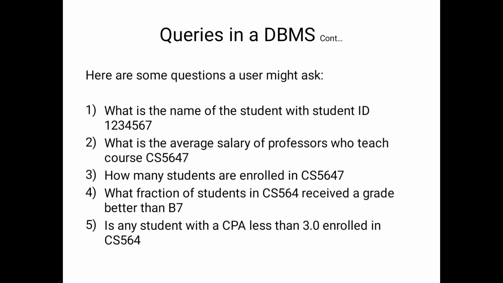Third question, how many students are enrolled in that particular course? Fourth question, what fraction of students in this course received a grade better than B? Fifth, is any student with a GPA less than 3 enrolled in CS 564? These are the questions related to that database.